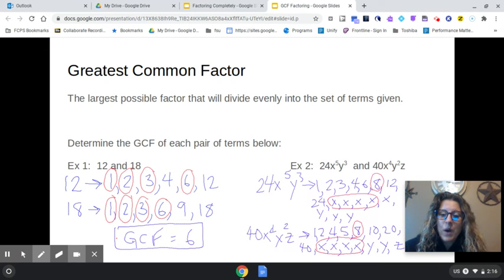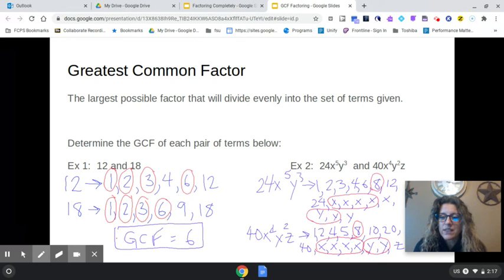And then the y's appear in both lists. The bottom one only has 2, so the common factor would be both of those y's. Again, we have an extra y factor in the first term and an extra z factor in the second term, but we don't have ones that match those.